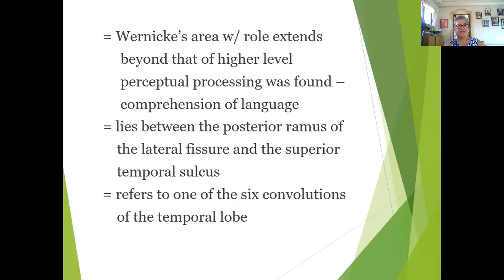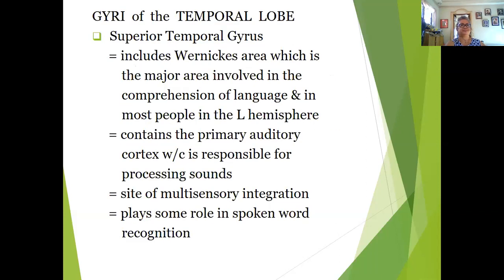You can identify the Wernicke's area by noting the 6 convolution, which will be referred to as the 6 convolution of the temporal lobe, the Wernicke's area.